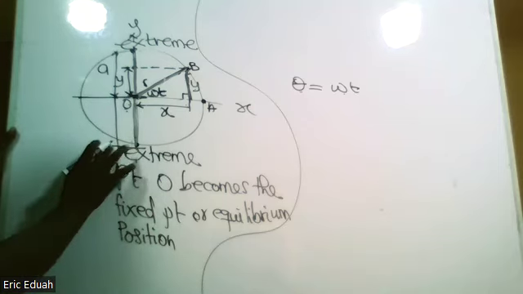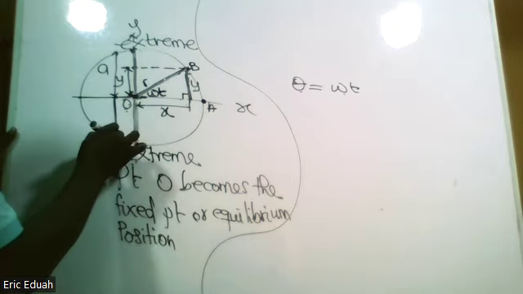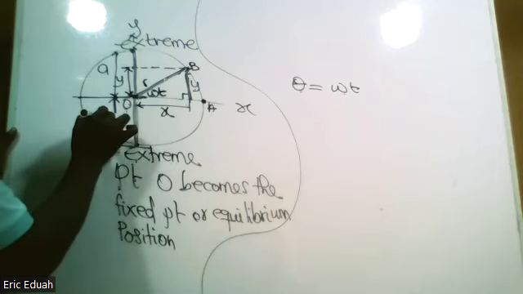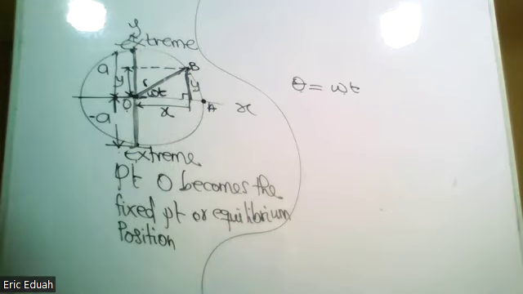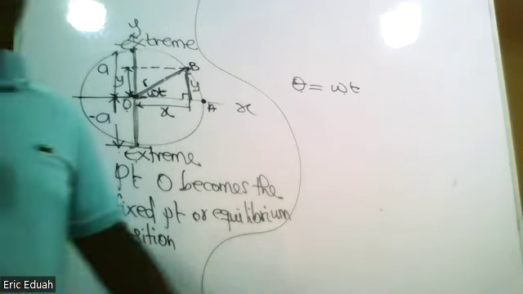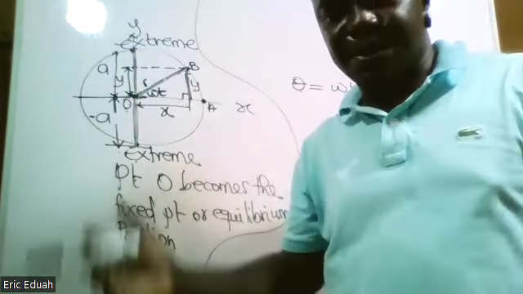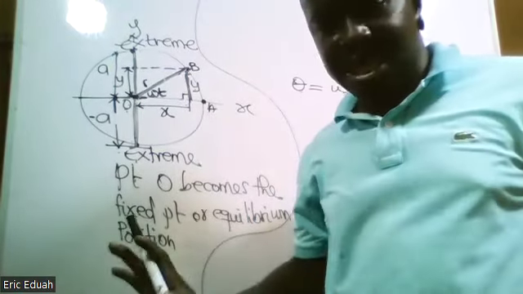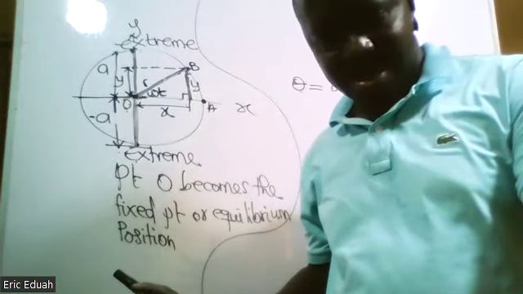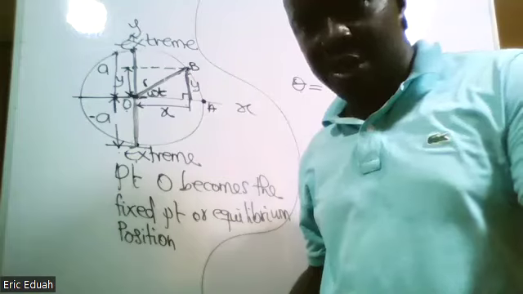Because we have two extremes, we also have two amplitudes, one along the positive and one along the negative. What did I say about amplitude? An amplitude is the maximum displacement of an oscillating body. Are you okay? Good. So that is the amplitude.